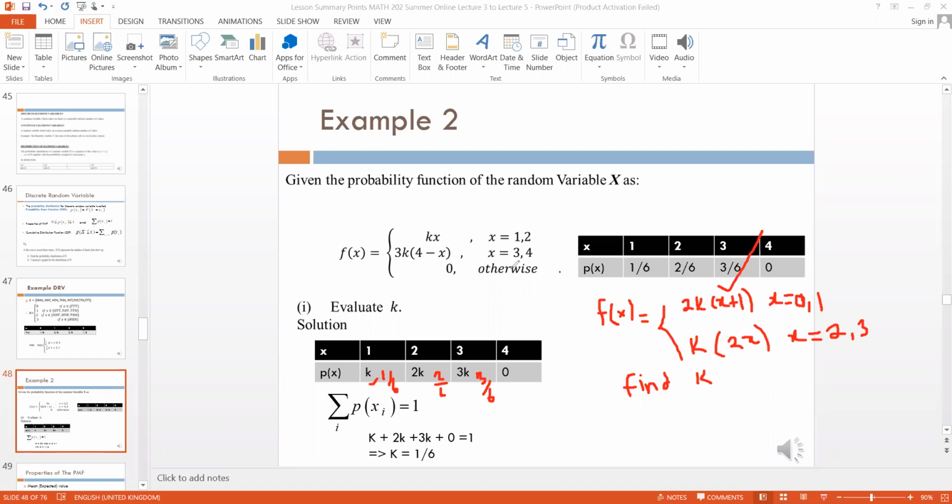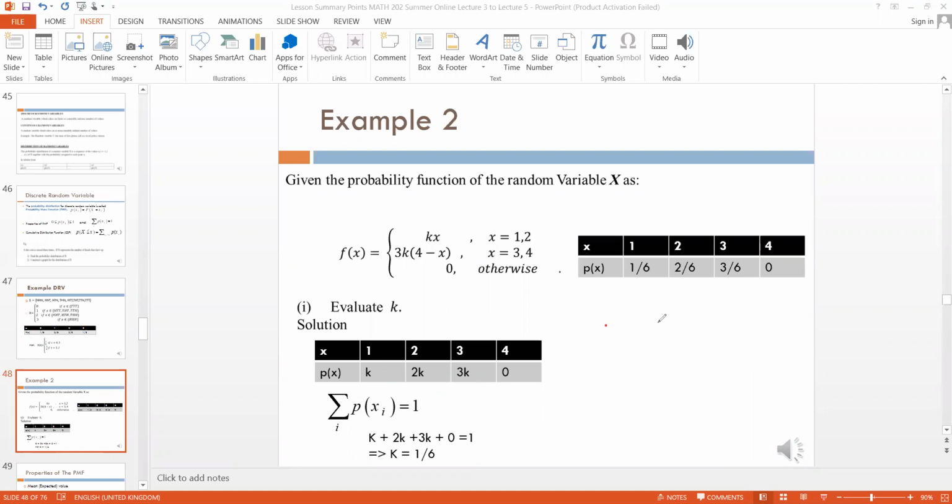Okay, so give me your table. The table, we have the X row and the P of X row. In the X row, we have 0, 1, 2, 3.